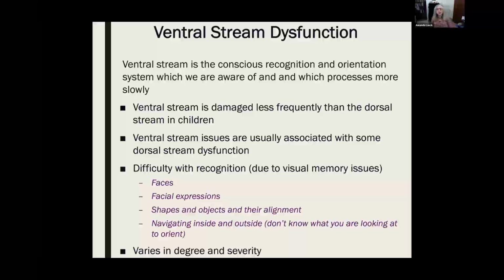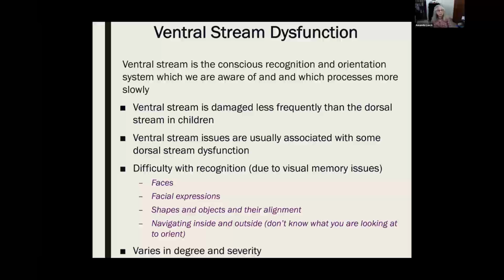There can be difficulty with recognition due to visual memory issues, so that a child with ventral stream dysfunction may have difficulty recognizing faces. They may identify strangers as people who they know or not recognize people who they know.